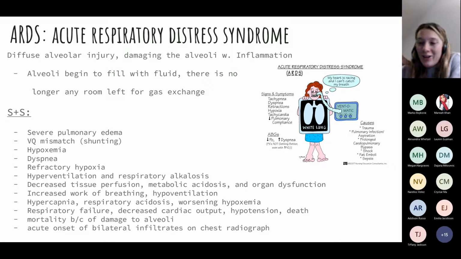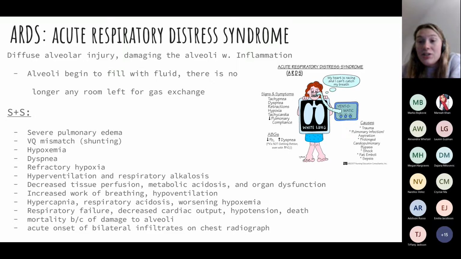We talked way long ago about inflammation releasing cytokines that increase plasma and fluids and just gunk into the area. So with ARDS, these alveoli begin to fill with fluid from that inflammatory process. And as they fill and fill with fluid, there's no longer any room left for gas exchange. So we're really concerned.